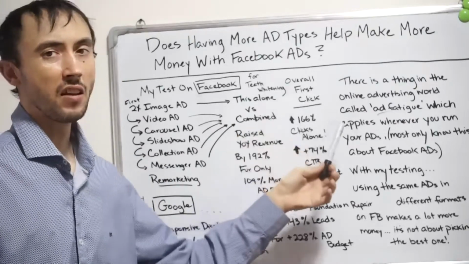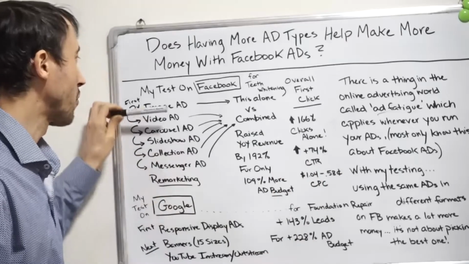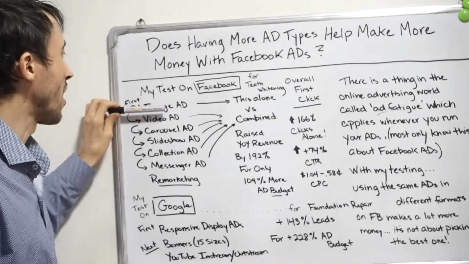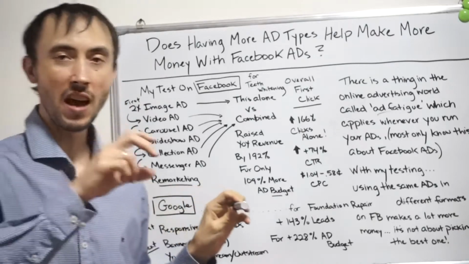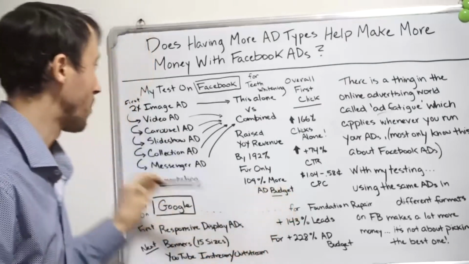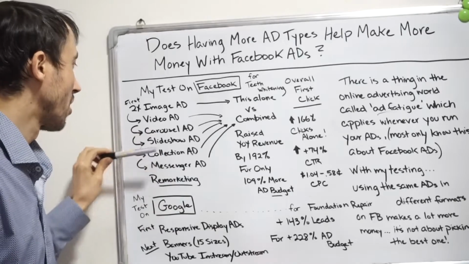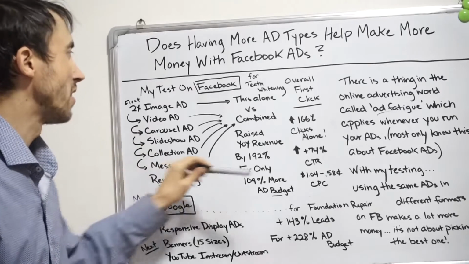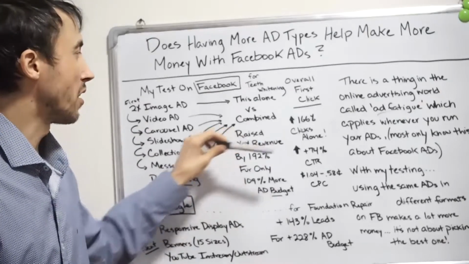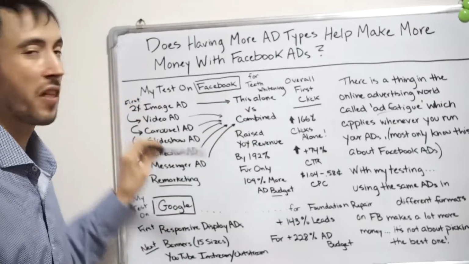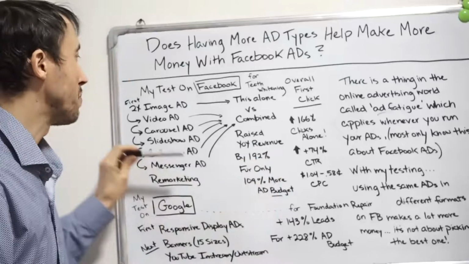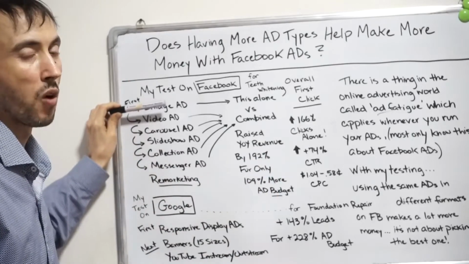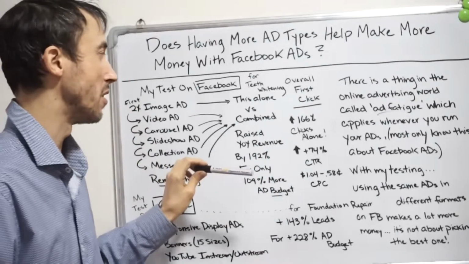What you're going to get is, if this is you as well, if you have a static image ad, and then you make that static image ad, that creative, and put it in all these different ad types, like I mentioned, carousel, slideshow, collection ad, messenger ad, ultimately, the amount of people that are going to click through your Facebook ads as a whole will be much greater than if you just had the one ad type versus all the ad types I listed here.